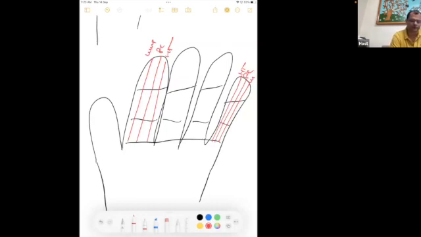Now coming to the middle finger, the three meridian here, there is the spleen, liver and kidney. The same here, spleen, liver and kidney, exactly mirror.